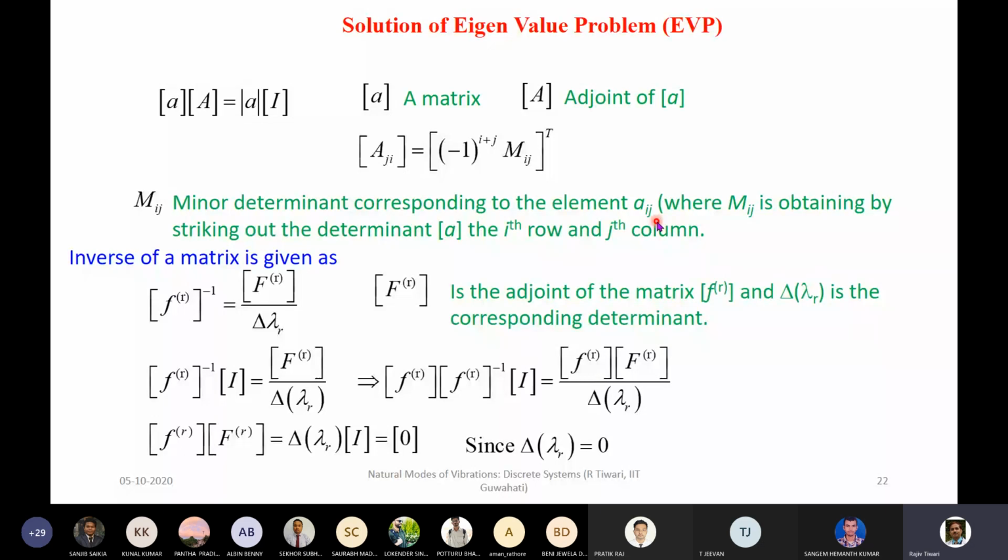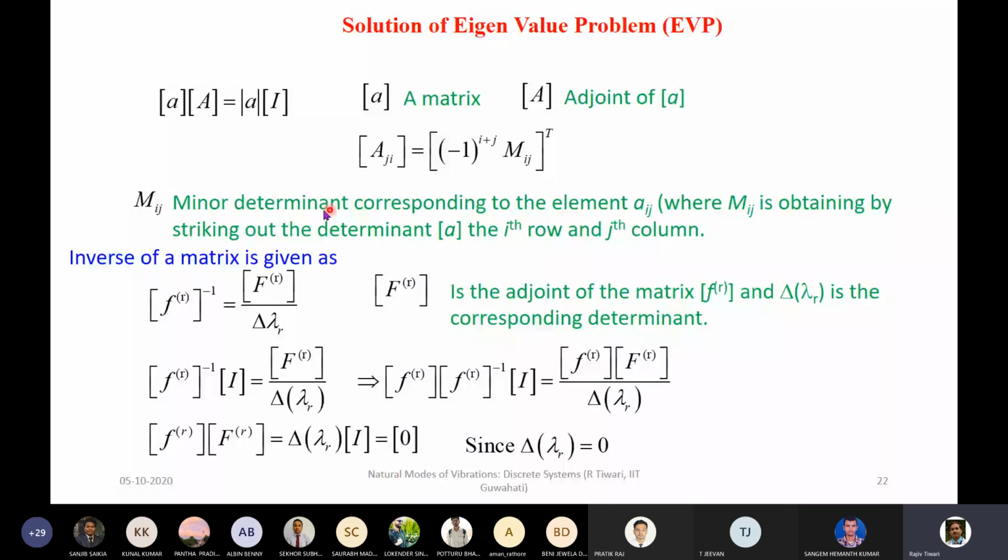Once I say minor, that means I need to remove the ith row and jth column from the A matrix, so it will reduce by one column and one row. The determinant of that matrix is the minor. Okay, you can refer to any mathematics book on how to define a minor.